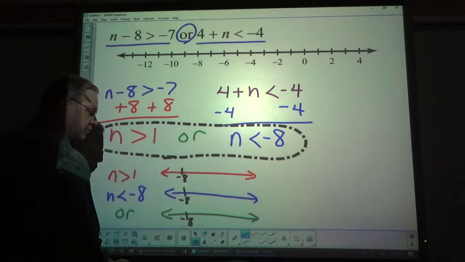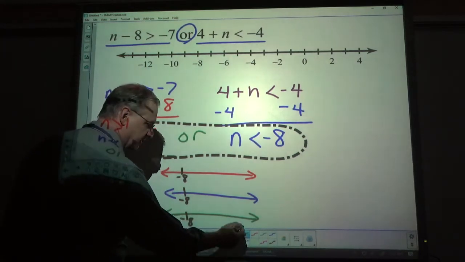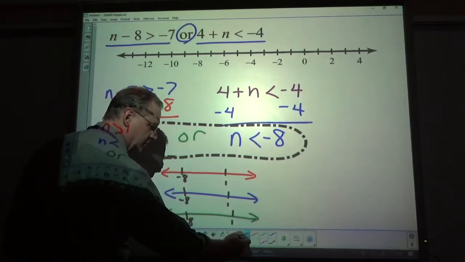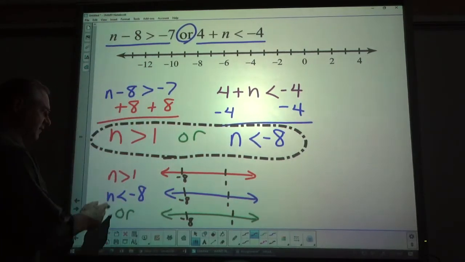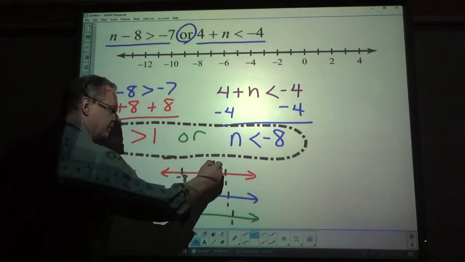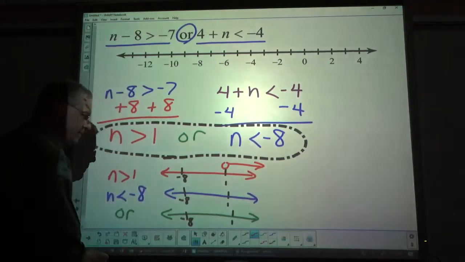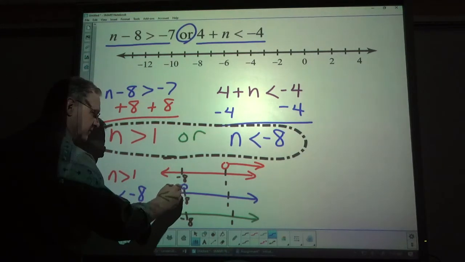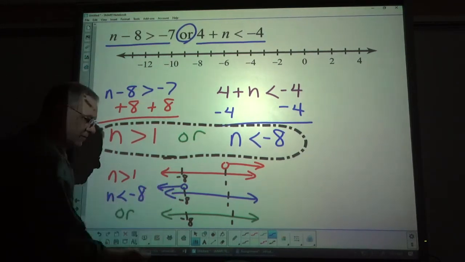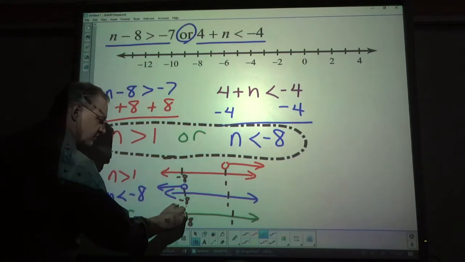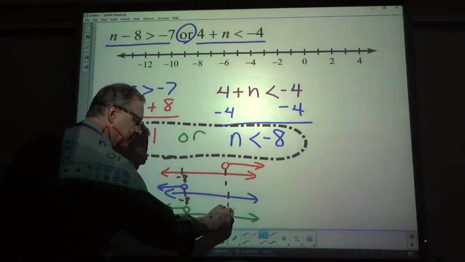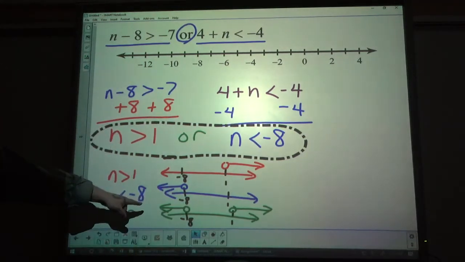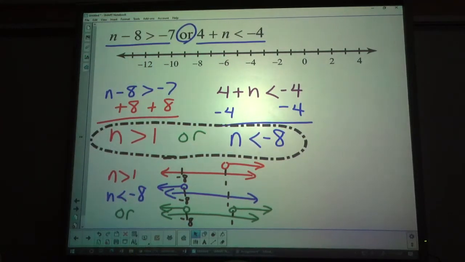Be careful not to put them too close together. These are a little close together for me. And here's 1. The graph of n greater than 1: open circle, arrow to the right. N less than -8: open circle, arrow to the left. The OR graph is the 2 graphs on one inequality number line, I should say. So what we have in green here is your final answer.